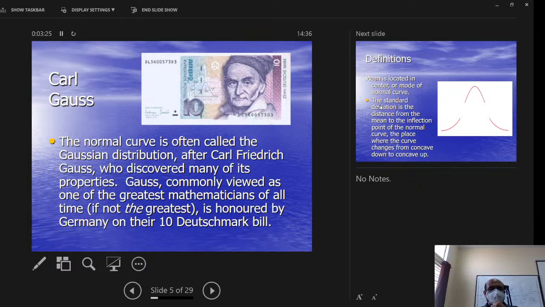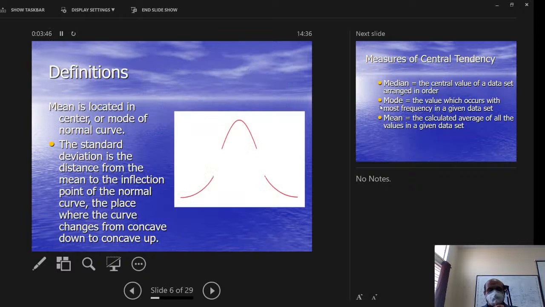Gauss is commonly viewed as one of the greatest mathematicians of all times, and he is honored by Germany on their 10 Deutsche Mark bill. Okay, this is not important. We will just directly go to the definition.